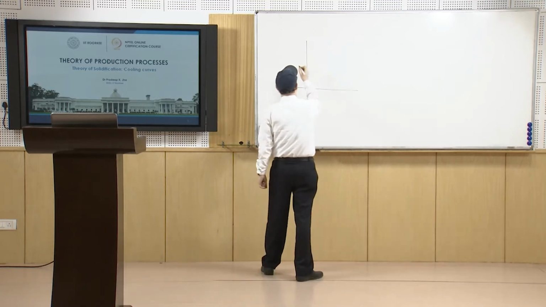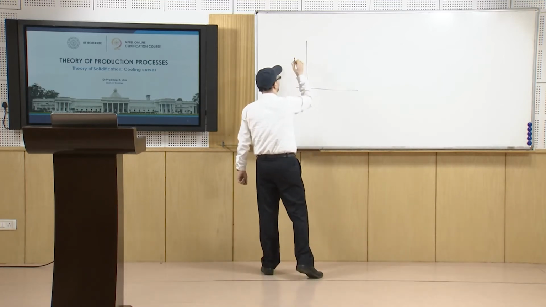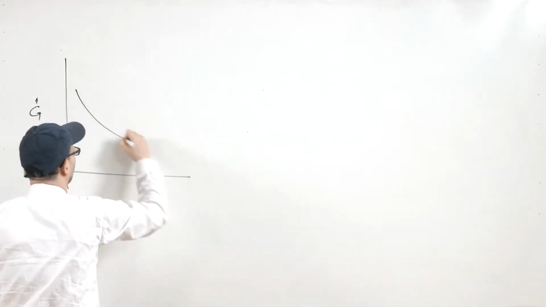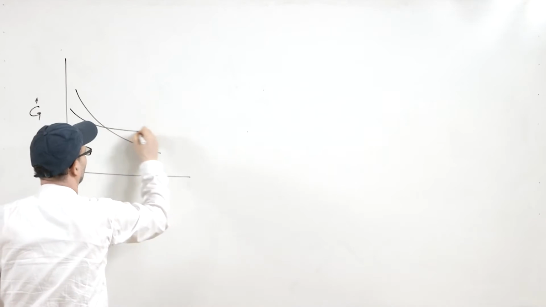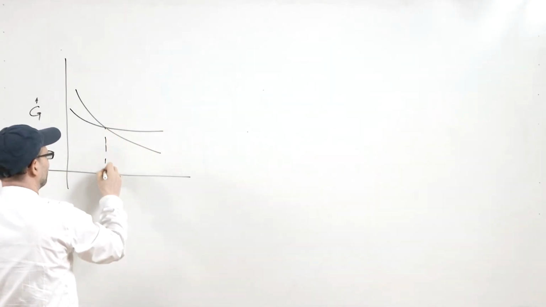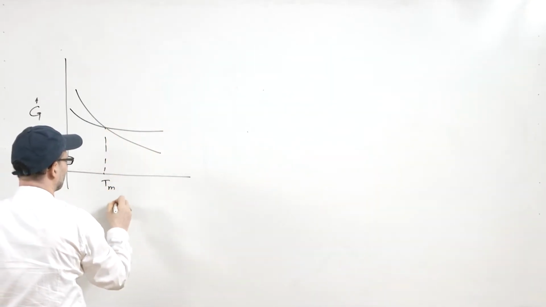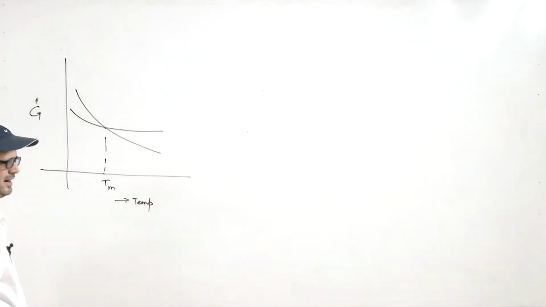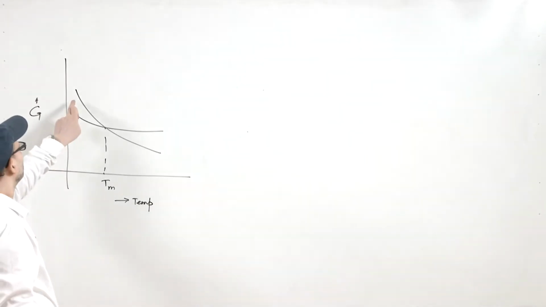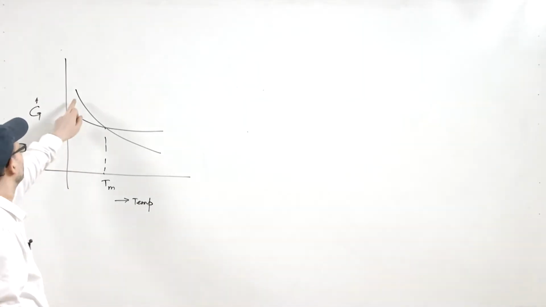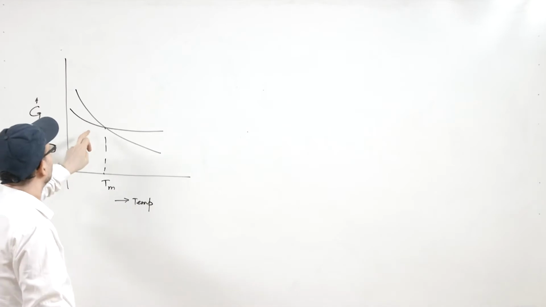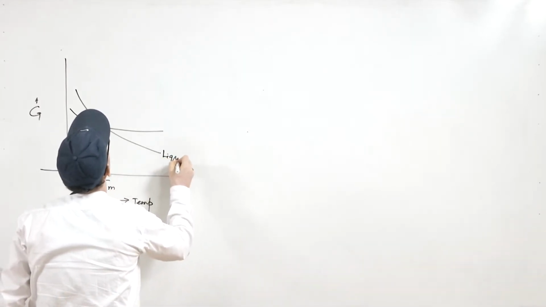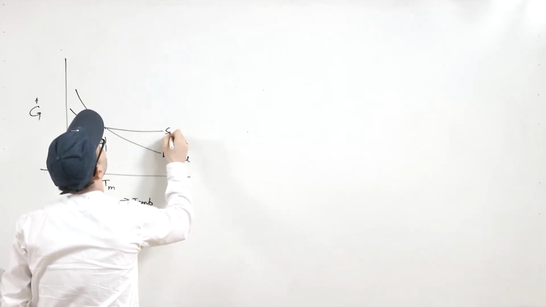If you plot the Gibbs free energy for the solid and liquid states, you get such a curve, and this is the melting temperature. This axis is temperature, and this is the Gibbs free energy line; this line is for the liquid and this is for the solid.